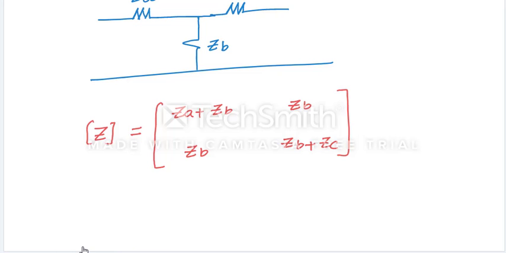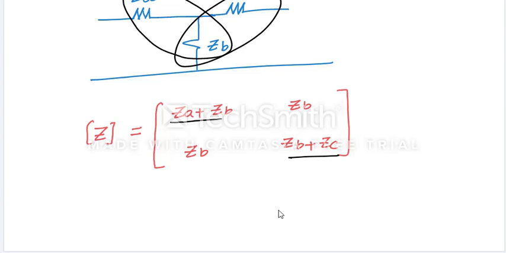Now you can see here, Z11 is the sum of these two. Z22 is the sum of these two. Next, Z12 and Z21 is the common element for these two branches, isn't it?